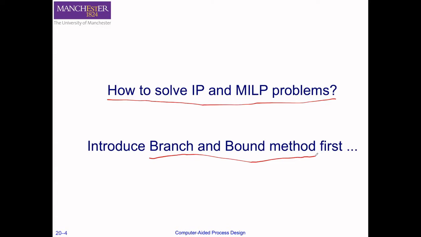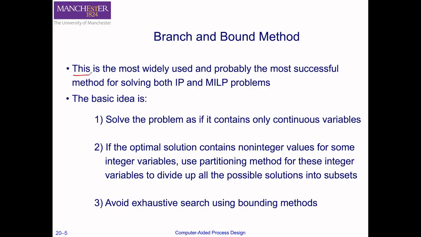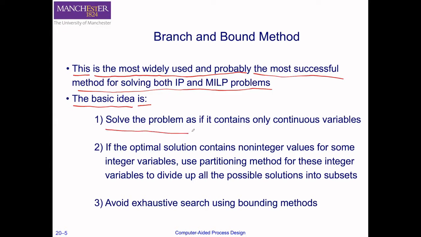Let's introduce this method. This branch and bound method is the most widely used and probably the most successful method for solving both integer programming and mixed integer linear programming problems. The basic idea of this method is to solve the problem as if it contains only continuous variables.